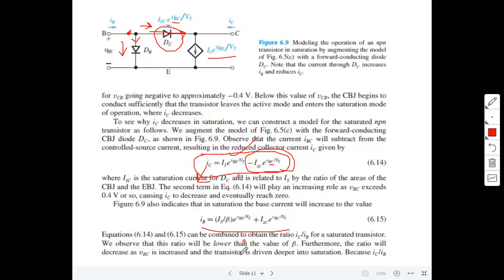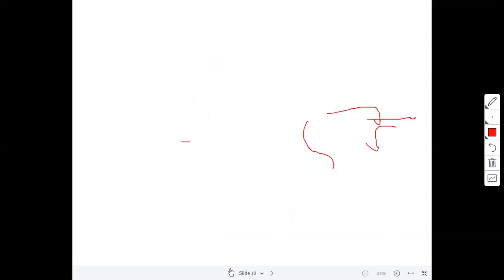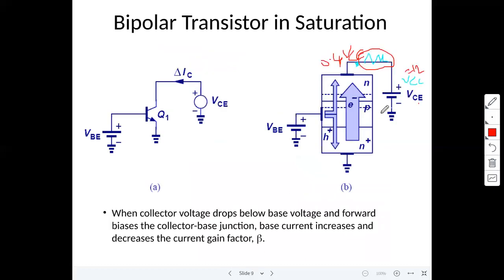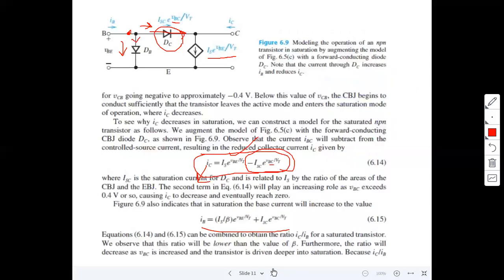When it happens, VCE decreases, and it will be less than VBE, then only it will enter into forward bias.